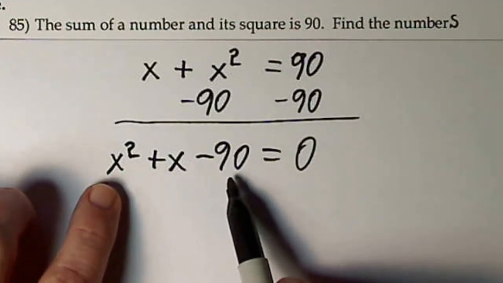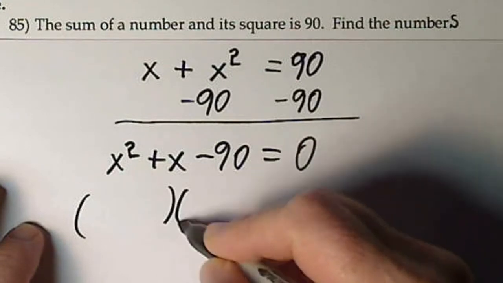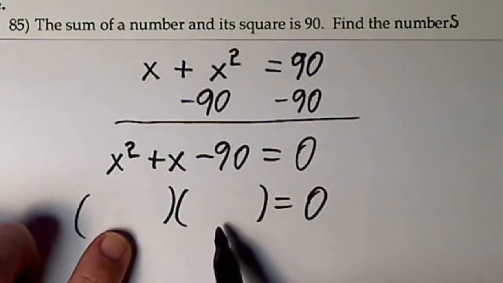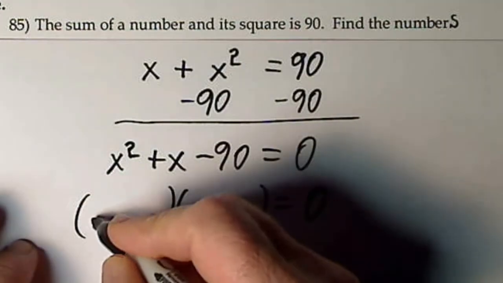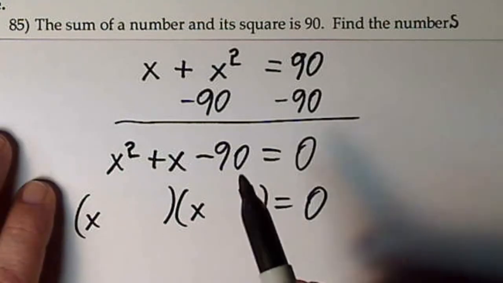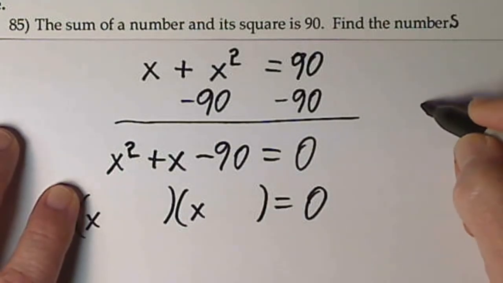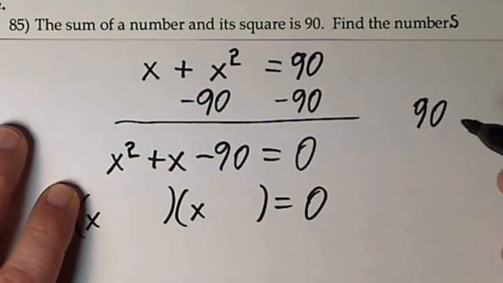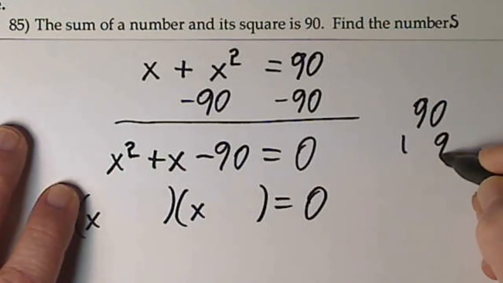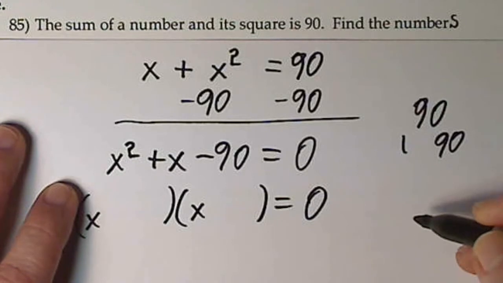And we're going to see if we can factor that. If we can have something times something equals 0, we can use our zero factor property. Obviously it's going to be an x and an x, but we've got to figure out what goes there. We want a difference of positive 1, so we'll be looking at the factors of 90, and I might try to speed this process up a little bit. 1 times 90, that's going to take a while. 2, 3, 4, 5, 6, 7, 8, 9, 10.